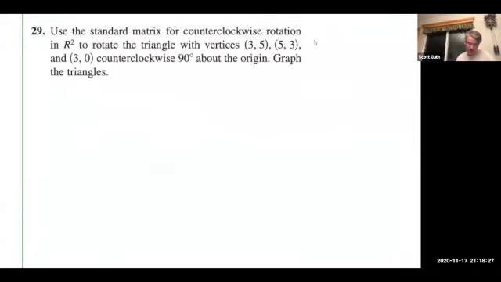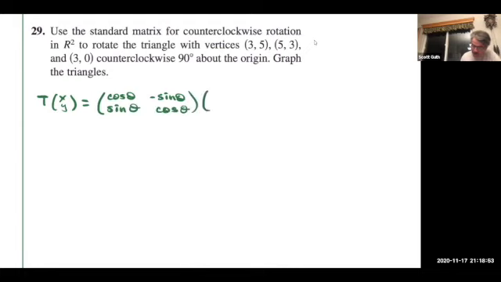Okay, so number 29 is just a rotation problem. If we recall that we've covered this before, T of, let's say, (x, y) has got to be the matrix cos theta, negative sine theta, sine theta, cos theta, times (x, y).